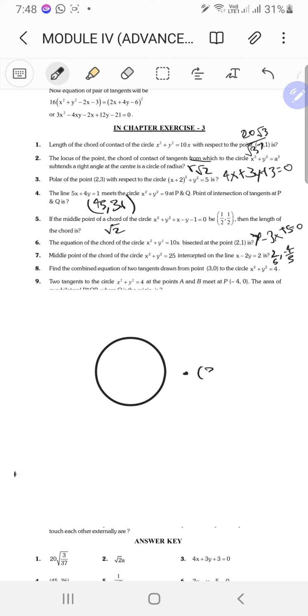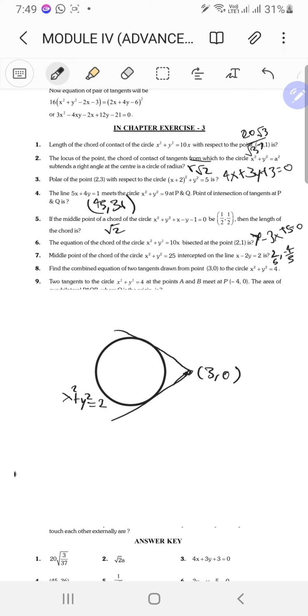This should be (3, 0), and we want to draw the tangents passing through this point, and it should be the combined equation of those. That is very weird. I don't know what you mean by the combined equation. I'm just gonna find both equations because I do not understand what you are trying to talk about.